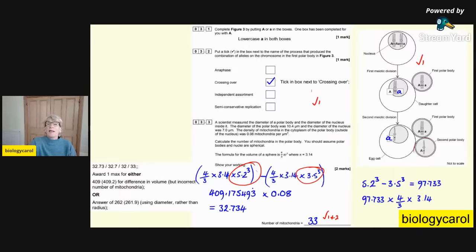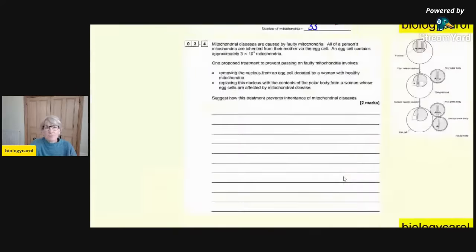That's absolutely fine if your mathematical ability helps you to get that and just gives you a shortcut. If there is any question of your maths ability, just do it long-handed, because that's a nice 2 marks.